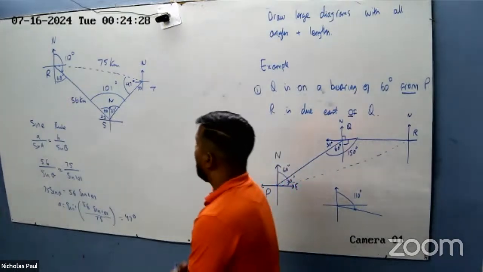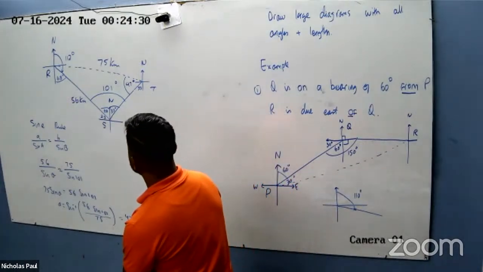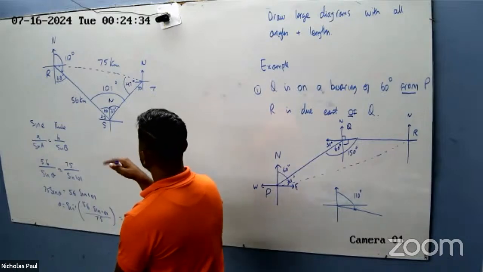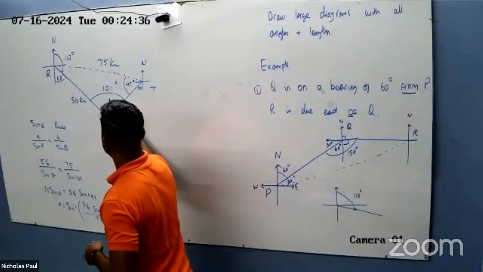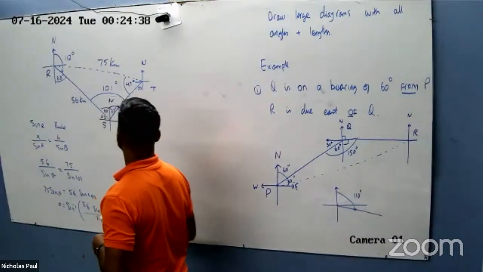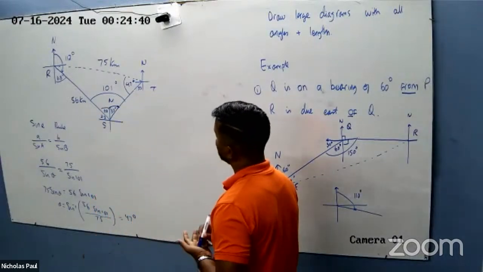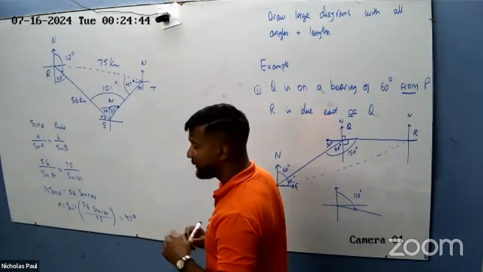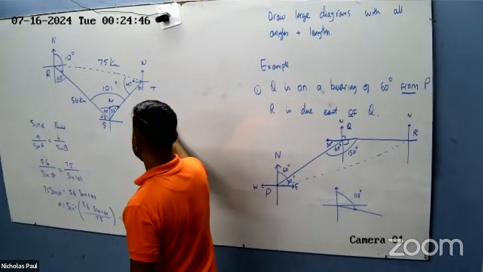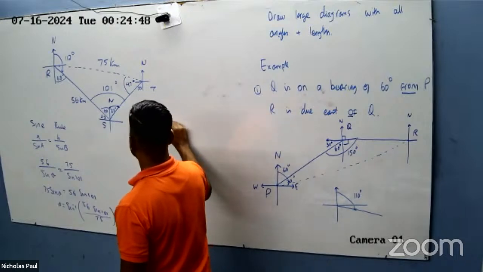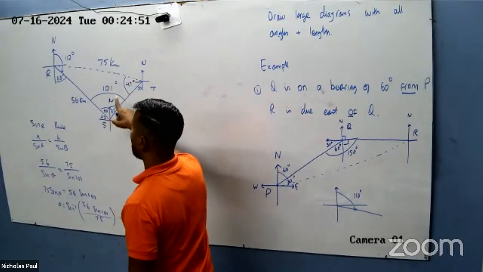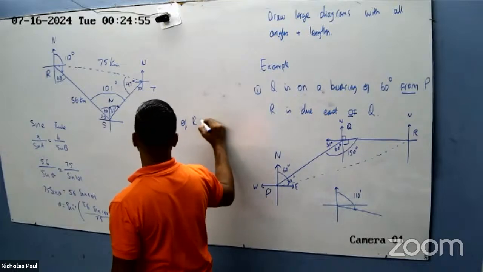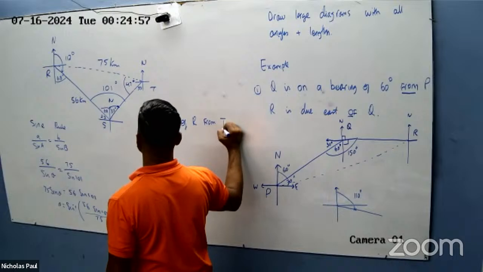Quick question, right? Using this diagram, of course, what is the bearing of R from T?